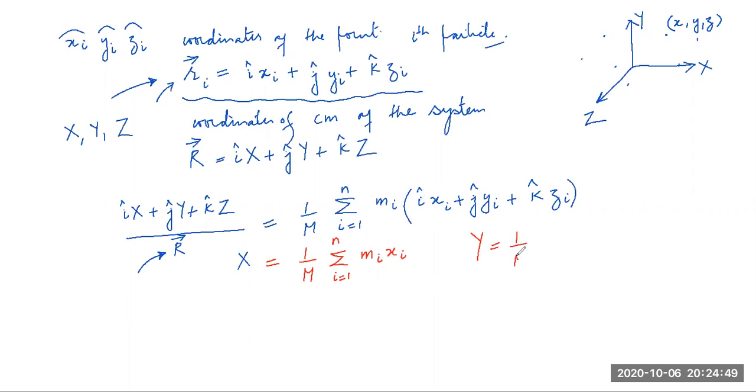Y is 1 by M, summation i is equal to 1 to n, m i y i. And z is equal to 1 by M, summation i is equal to 1 to n, m i z i. Beautiful. Very good, students.